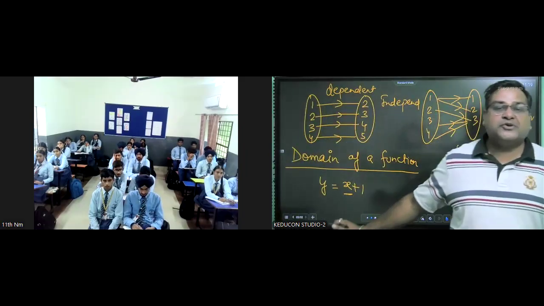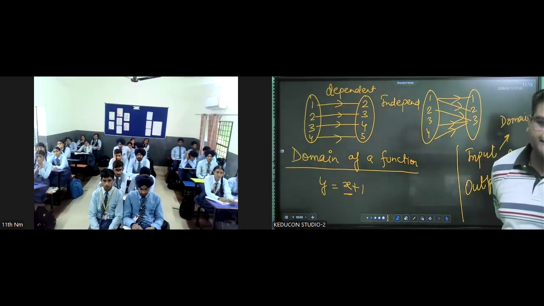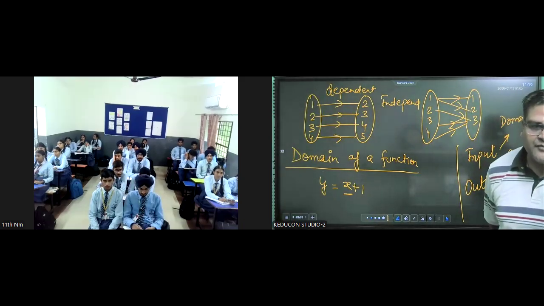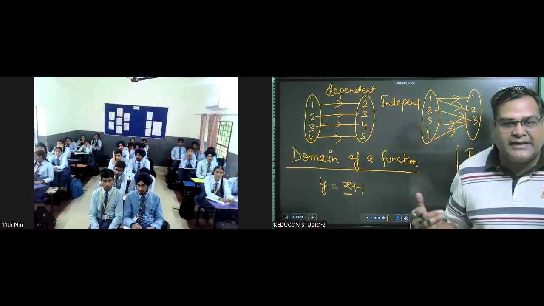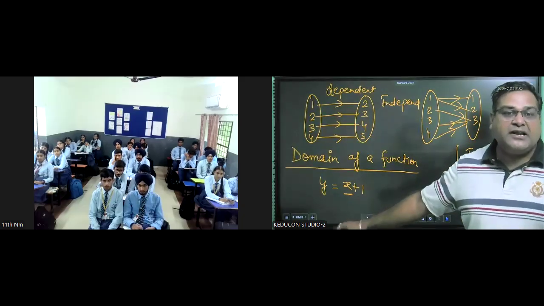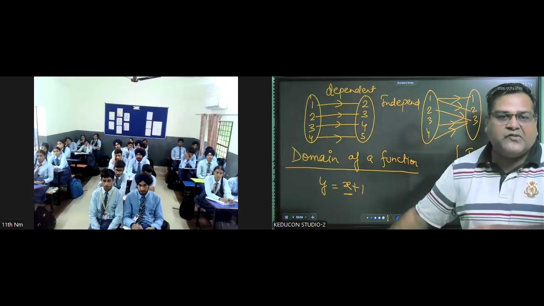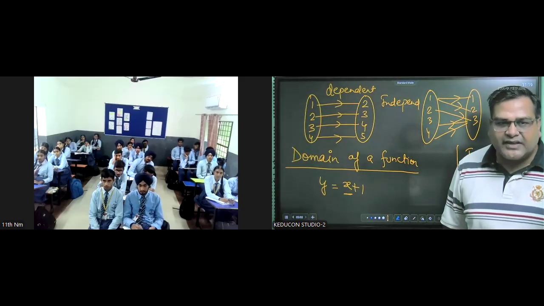So now you can put the value of x, is that dependent or independent? Because that is independent, na? The value of x does not depend on any other thing but the value of y depends on x. Whatever the value of x you will put, the result will be accordingly, yes or no?